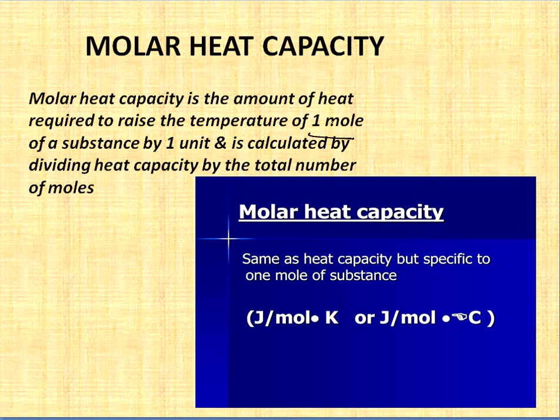The molar heat capacity is the amount of heat required to raise the temperature of 1 mole of substance by 1 unit, calculated by dividing heat capacity by the total number of moles. This is the specific heat capacity, and this will be the molar heat capacity, because moles are there, the temperature in Kelvin or 1 degree Celsius. Okay, this is the molar heat capacity.